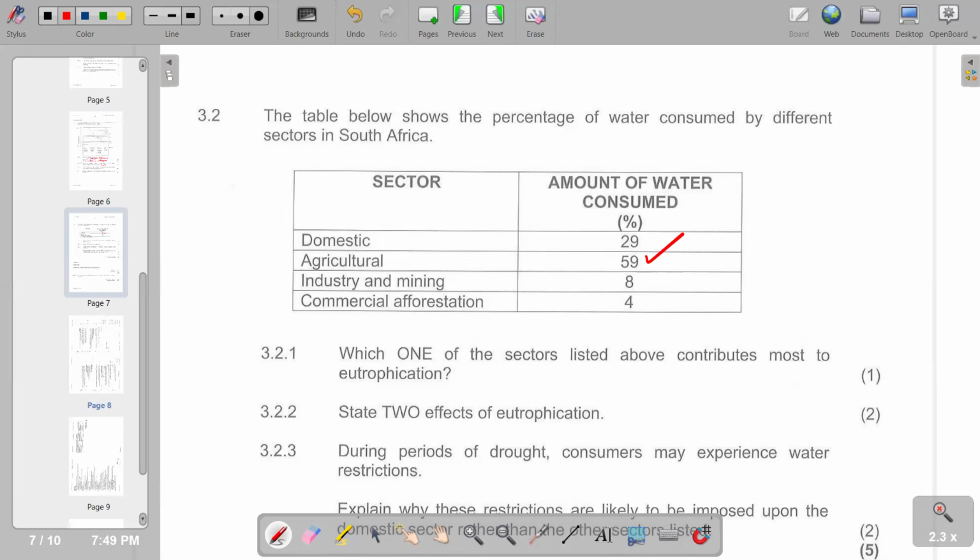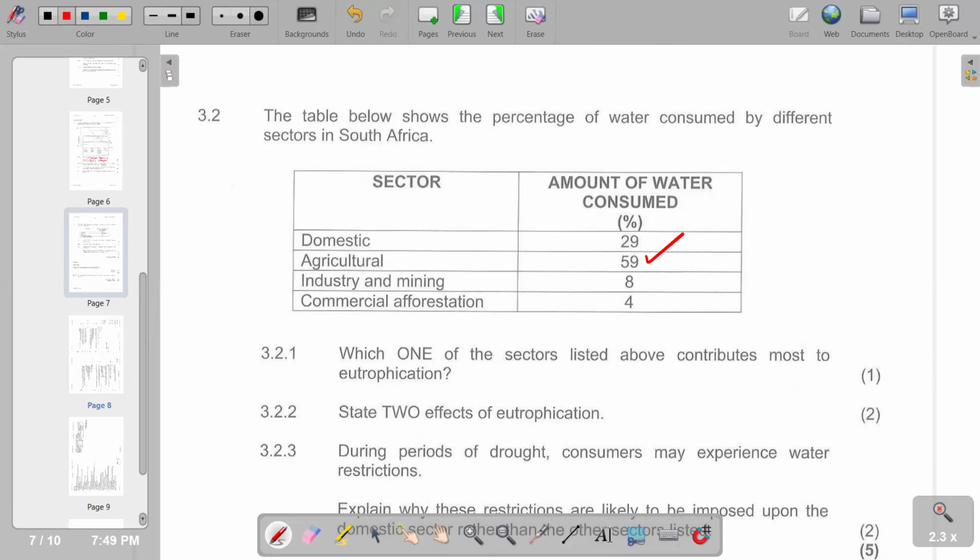Then 3.2.2: state two effects of eutrophication. The effects are rapid algal growth, increased bacterial action or decomposition, depletion of oxygen in the water, and death of plants and animals. Eutrophication is a term describing a process in which nutrients accumulate in a body of water, resulting in increased growth of organisms that may deplete the oxygen in the water.